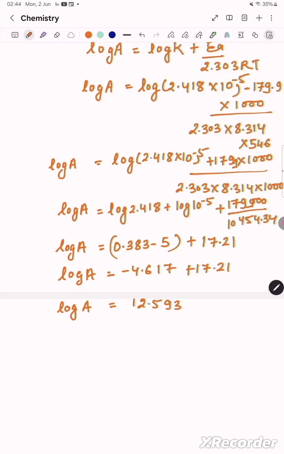Now we will take the antilog of 12.593 so that the A value is calculated. So A is equal to antilog of 12.593.